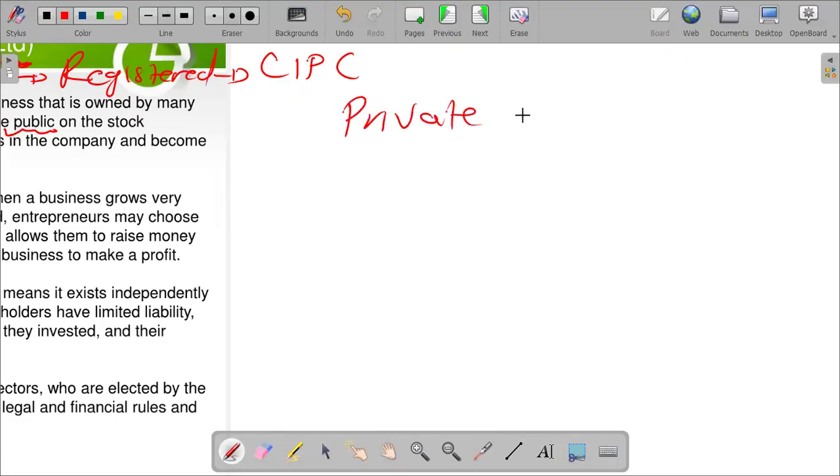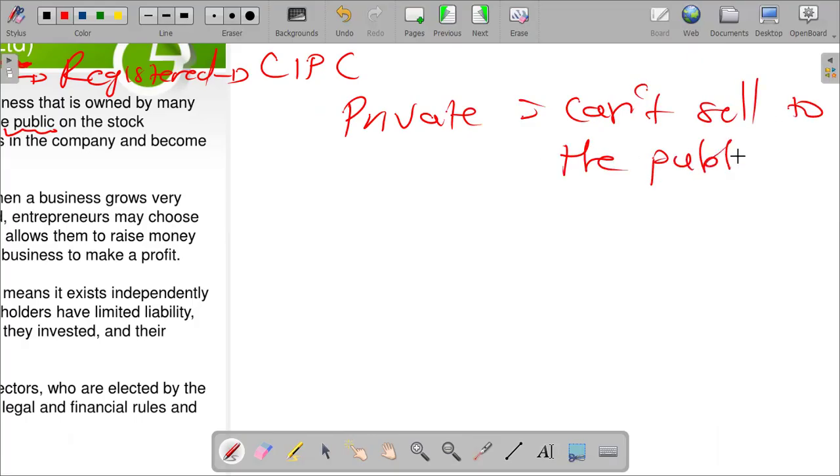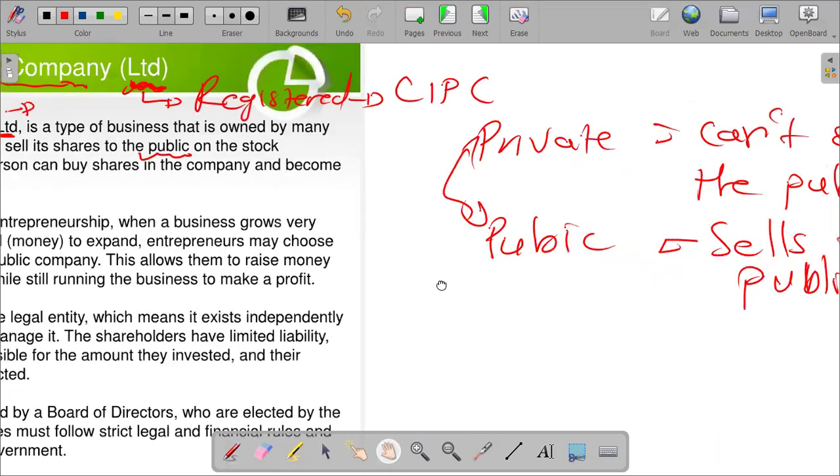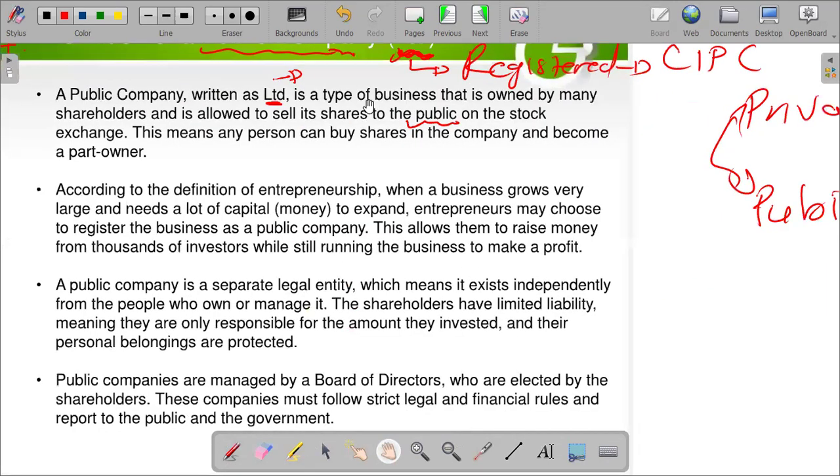A private company can't sell to the public. A public company sells to the what? To the public. So that's one of the differences between a private and a public company: in a private company you can't sell, but in a public company, a business is allowed to sell its shares to the public on the stock exchange.